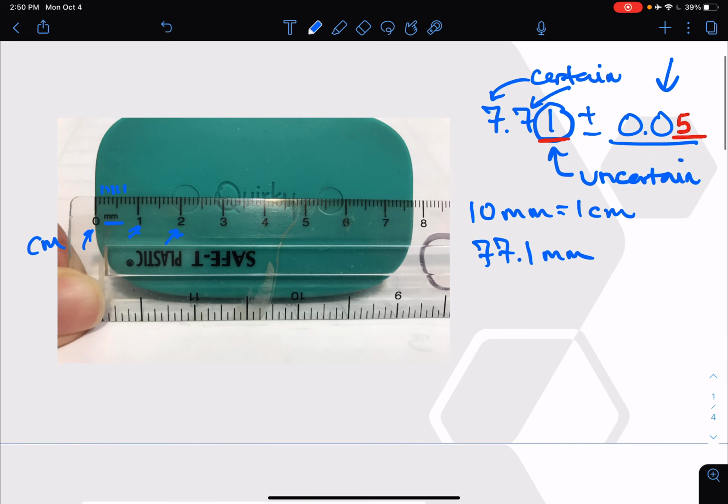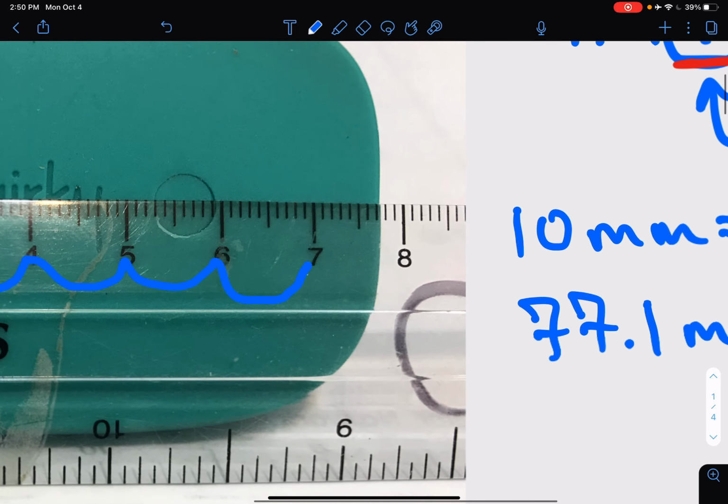So if we look at this, we can see, okay, we've got 10, 20, 30, 40, 50, 60, 70 millimeters. And remember the small little dashes, those are our millimeters. And then we're at 70 now.